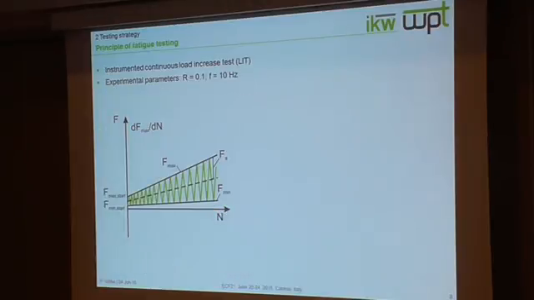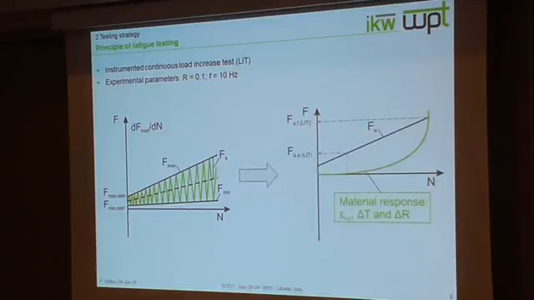The principle of fatigue testing is the instrumented continuous load increase test. We perform mechanical testing at a load ratio of 0.1, so there's a tension load range, with a frequency of 10 Hz, and we start at a quasi-damage-free amplitude. We raise the amplitude continuously during the test until failure of the specimen.